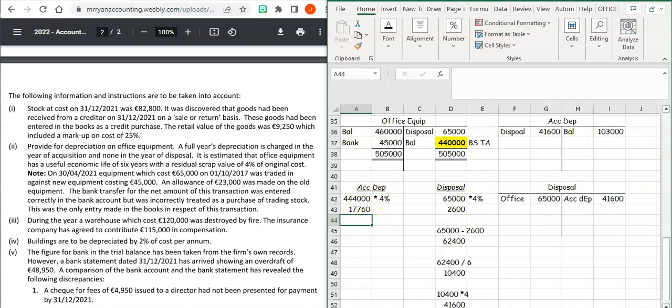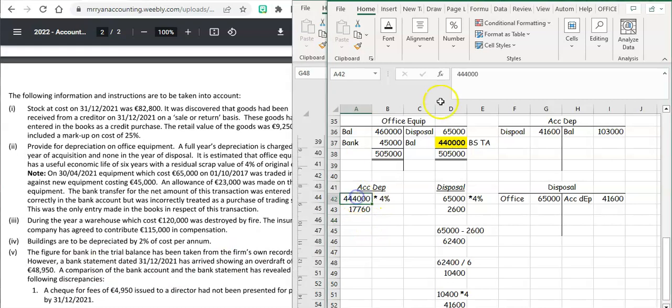So that should be 440,000 times 4%, which is 17,600. So we're going to reduce the value of our office equipment by 17,600. So you got 422,400.